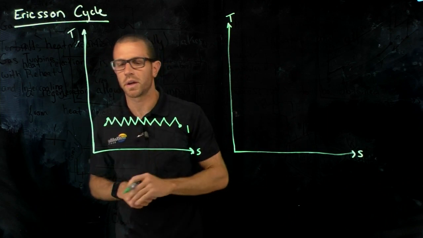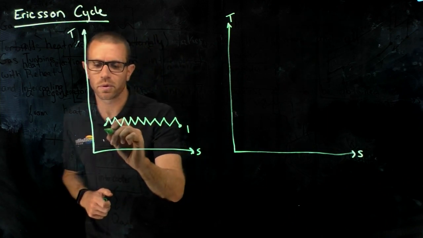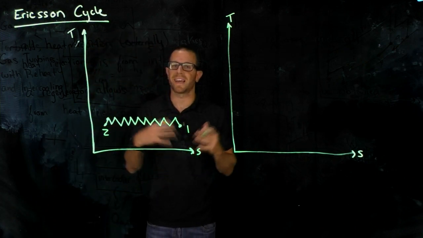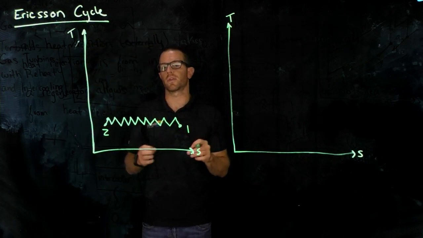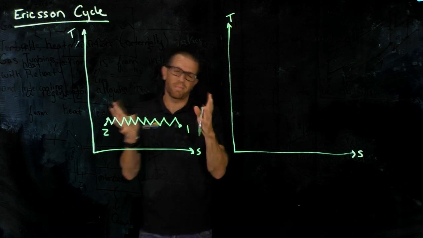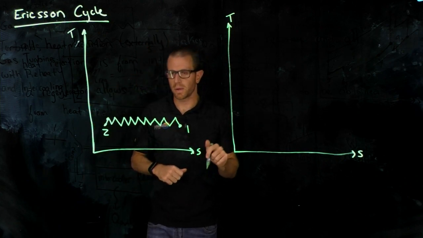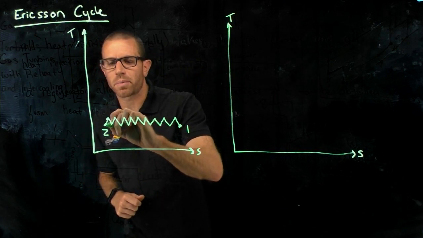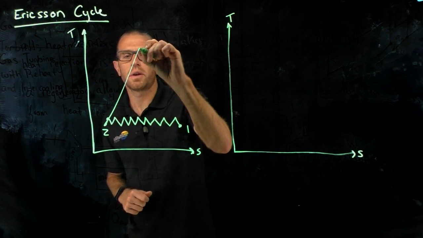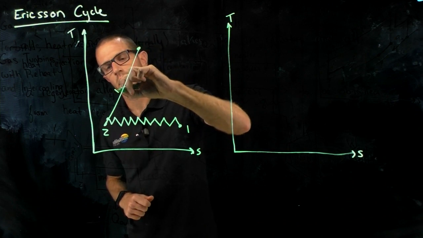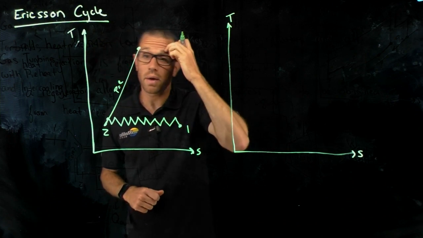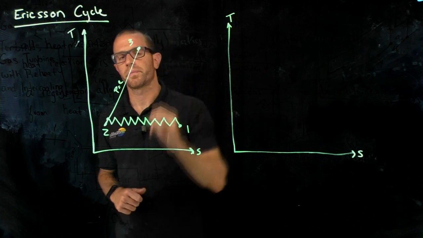some state 2, and I'm now ready to add heat to my gas. Okay? So I'm going to add heat at a constant pressure in a regenerator, okay, to state 3.